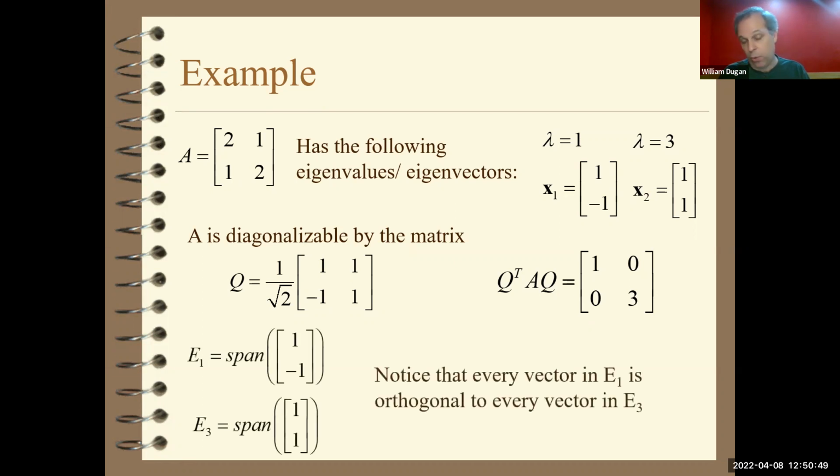They are spanned by the corresponding eigenvectors. Clearly, any vector in E1 is a multiple of 1, negative 1, and any vector in E3 is a multiple of 1, 1. They are clearly orthogonal to each other just by taking their dot products. So the eigenspaces are orthogonal to each other.